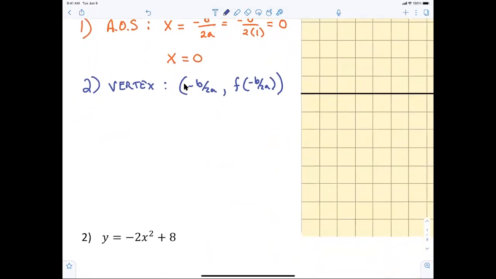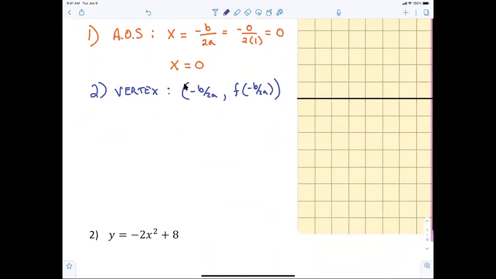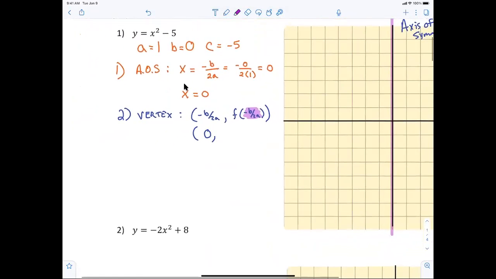This just means the x coordinate of the axis of symmetry, which in this case is 0, comma, and then you just plug 0 into the equation. So y equals 0 squared minus 5. Y equals -5. So in this case, the vertex is 0, comma, -5.